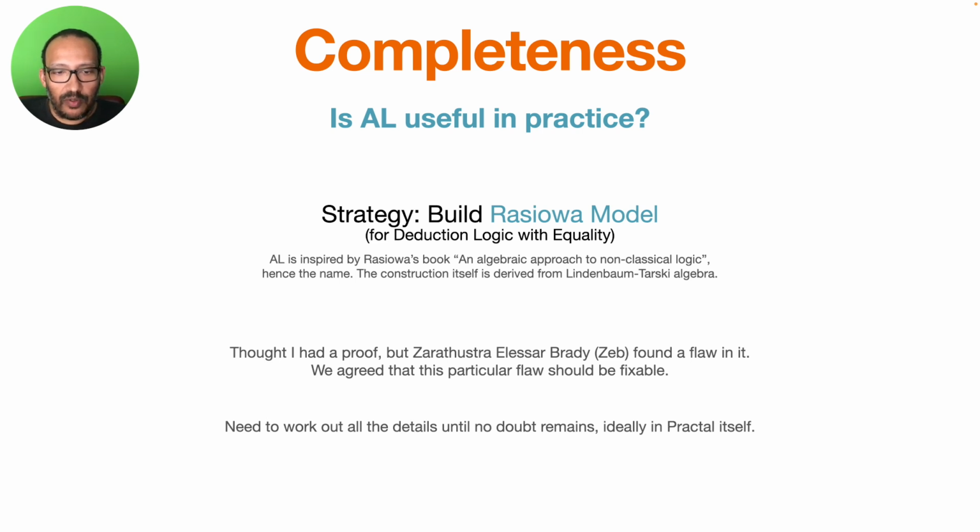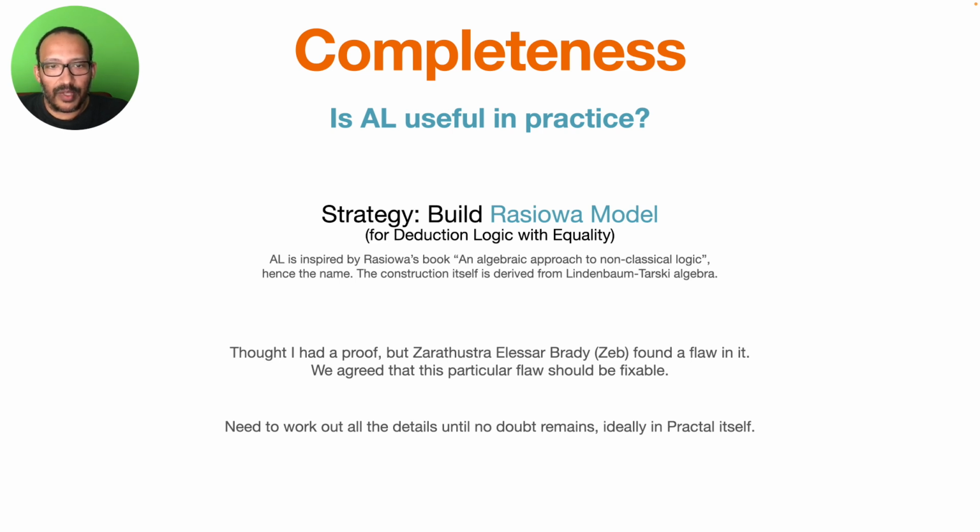But I did this proof a few years ago, and I did it before I had this new version of abstraction logic with a logical order. And so I still need to work out all the details until I'm sure that this all works. And I really would like to do this in Practal itself. And I think that makes sense because although completeness is a theoretical property, really what it means is: is abstraction logic useful in practice, right?